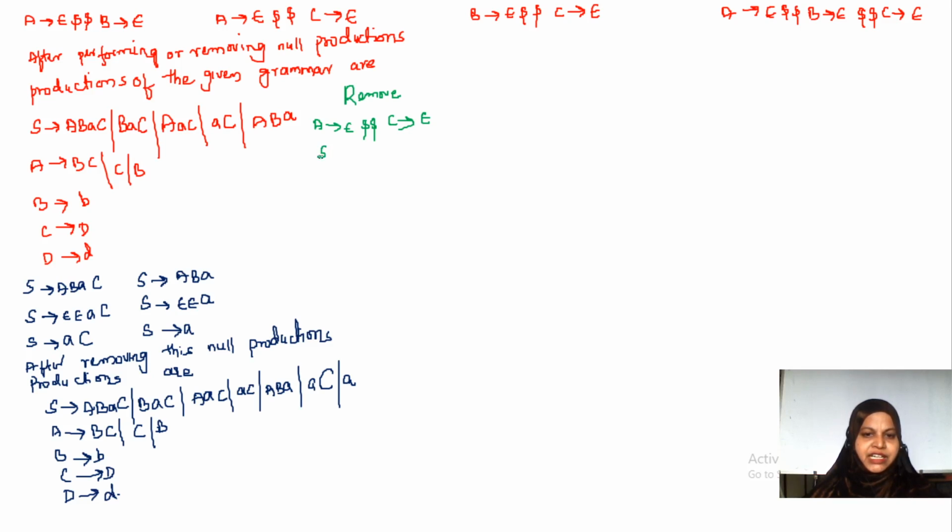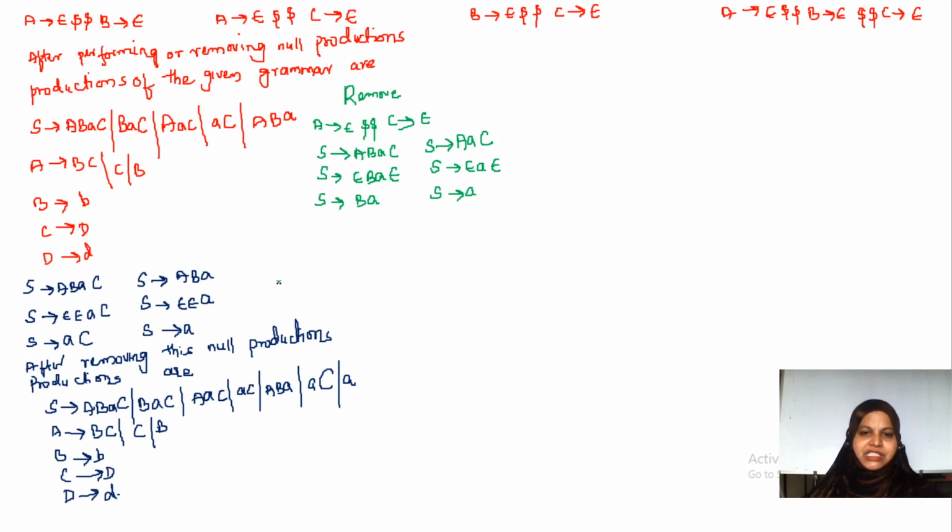My productions are S tends to A, B, A, C. Next here S tends to A, C. So S tends to epsilon, B, A, epsilon, S tends to B, A. S tends to epsilon, A, epsilon. S tends to A.